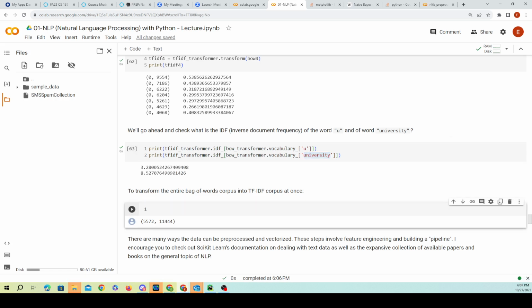Let's now transform the entire bag of words corpus into the term frequency. So we're going to do messages_tfidf equals the transformer applied to messages_bow.